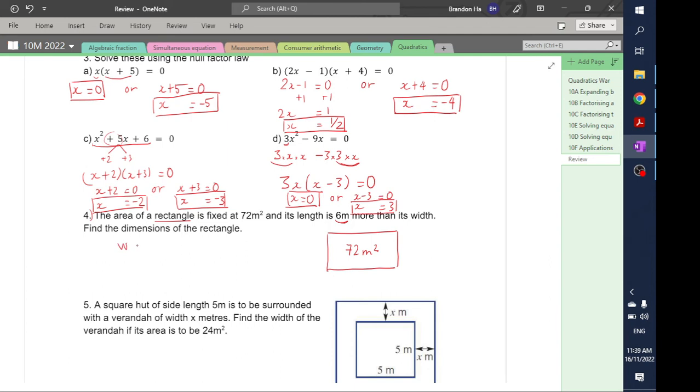So we say width is W and length is W plus 6, alright? They ask you to find the width and length. So the area of the rectangle equals width times length, equals width times (width plus 6), equals 72.